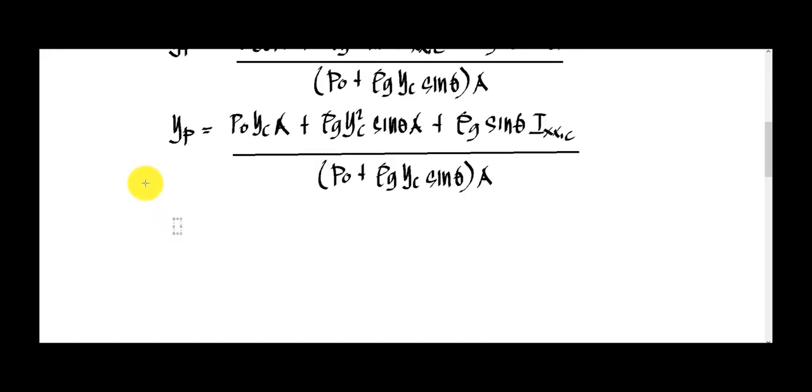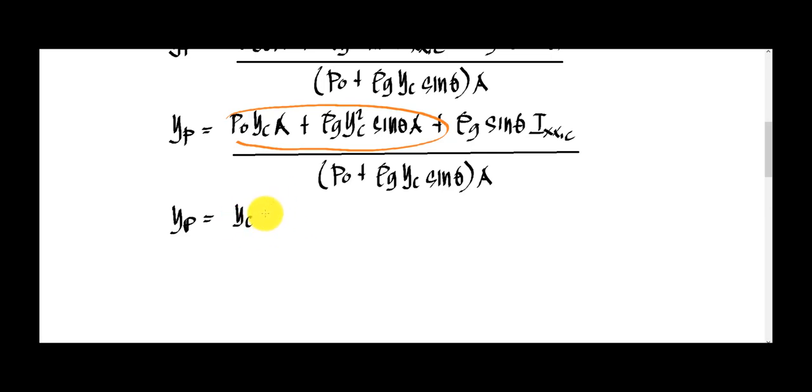And we can factor out what is common here in this equation. So from here we can know what is our common. We can factor it out. So we have here your area, so that will be also the common here, and also your yc. Okay, so let's factor that one.